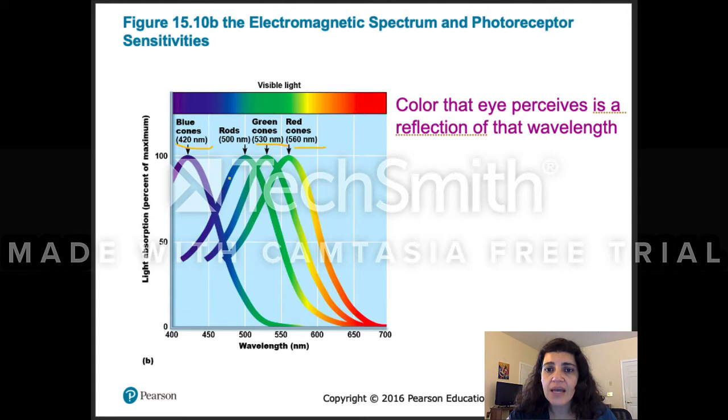On the other side, rods, because they are very sensitive to light and you can use them to see in the dark, you don't usually see images with your rods that are a specific color. We don't see color in the dark, right? So rods don't really see color, and they're just one specific wavelength, which is the peak is in 500 nanometers.